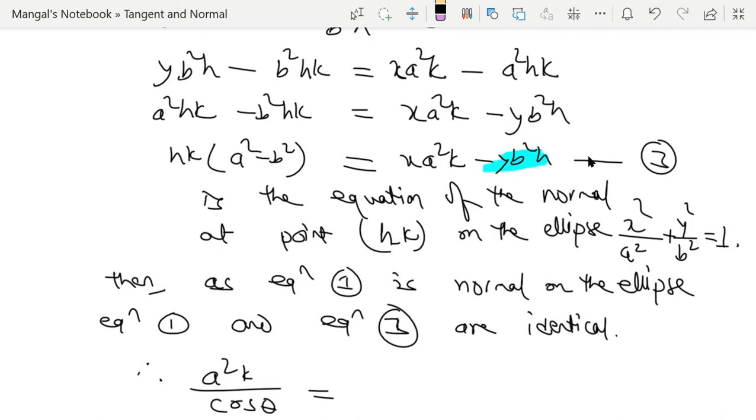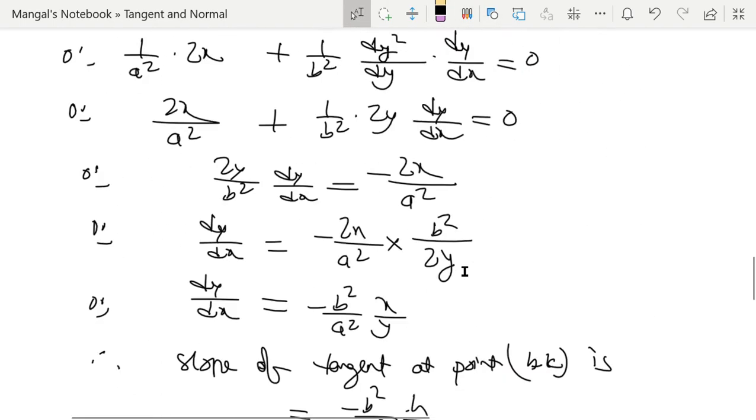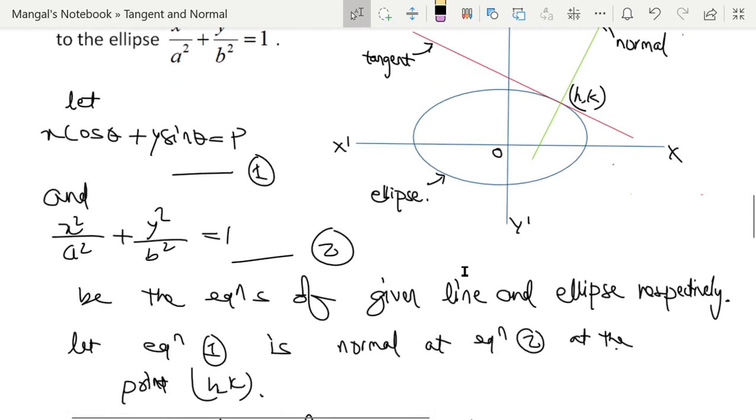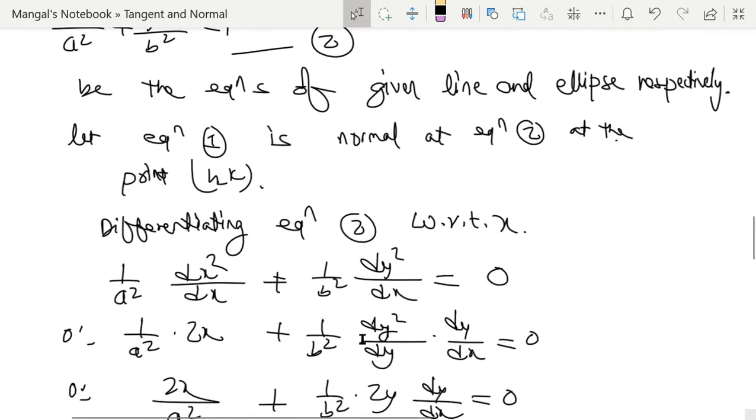Here in the third equation, the coefficient of y is minus b square by h, and in the first equation, the coefficient of y is sin theta. So this would be in the same proportion.